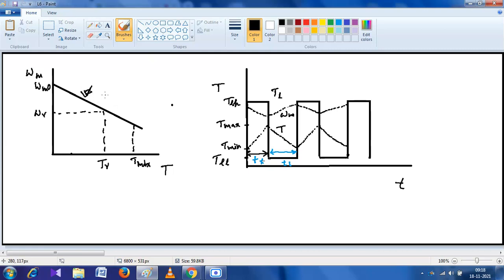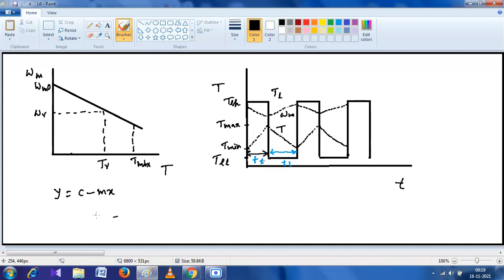We have to make the equation of that curve. The nature of the curve is y is equal to c minus mx.